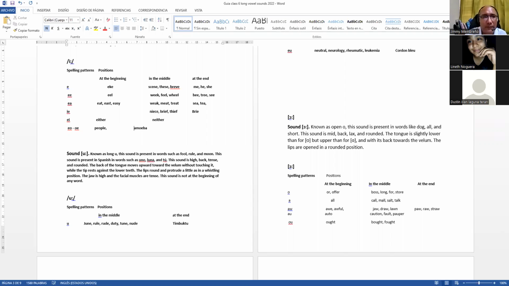And also we have this other one that is a parasite, amoeba, amoeba. All right, so like you can see, all these combinations of letters, they are pronounced with the long E sound.